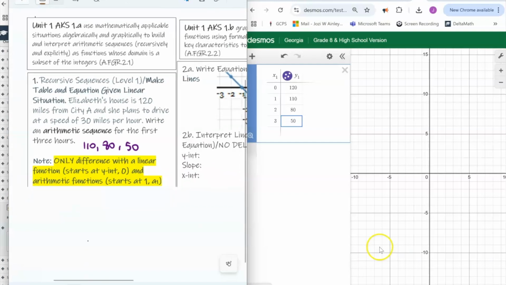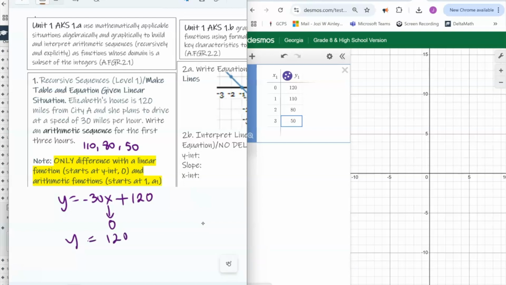However, if I was trying to write a linear function, then I would say y equals my slope, which again is 30 miles an hour, so minus 30 miles an hour, and then we start at 120, whereas at 0 hours, my y-intercept is 120 away. Okay, so that's the difference between arithmetic sequence and linear functions.